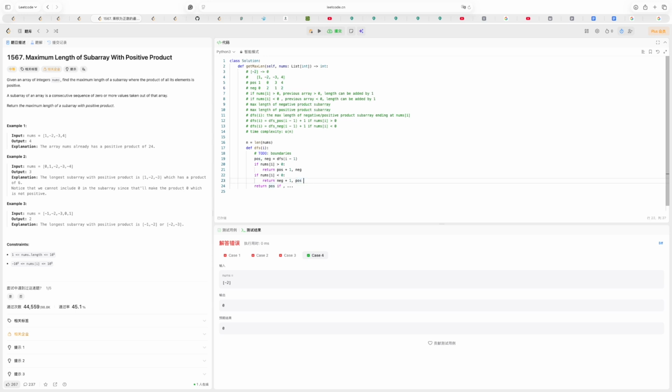Oh, this will be plus 1. But negative, yeah, like when negative, or it is a 0 or 1.